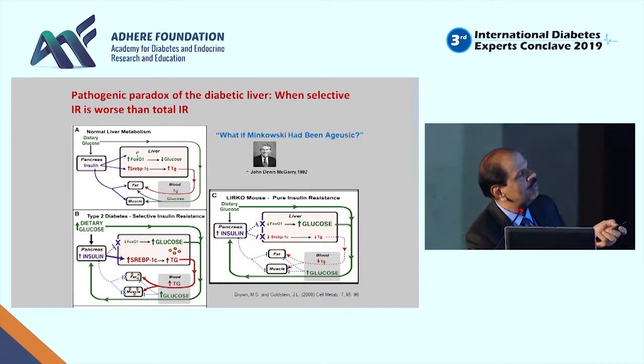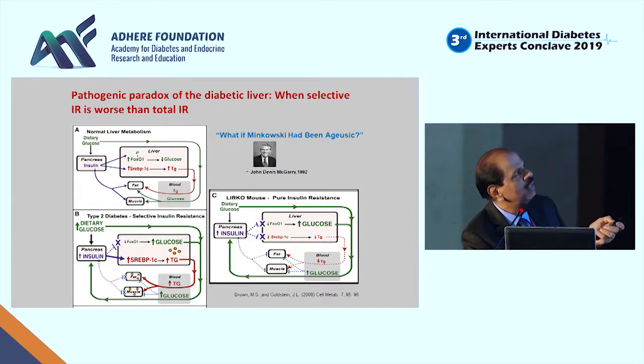So therefore, there is a phosphorylation of FOXO protein, and that brings about decreased synthesis of glucose, because gluconeogenesis goes down. But it stimulates the sterol regulatory element binding protein, and therefore there's increased production of triglycerides.